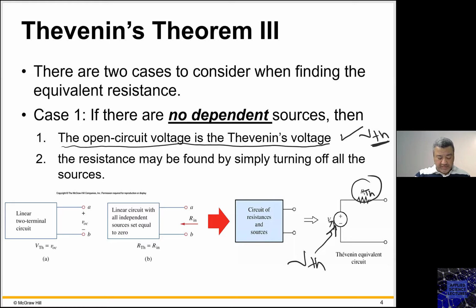As simple as this. So if I don't have dependent sources, only independent sources in the circuit, number one, I need to find the open circuit voltage, which is the Thevenin voltage. And then I need to switch off all independent sources.